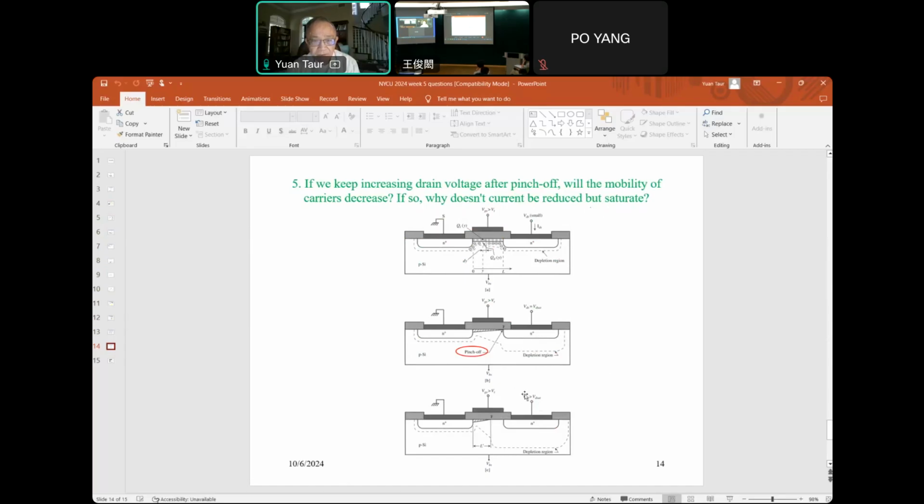First of all, in this region, it's not in the low field, rather it's high field. So usually it's velocity saturated. Near the source, the mobility is important, but here we'll cover velocity saturation in chapter 6, probably next week.